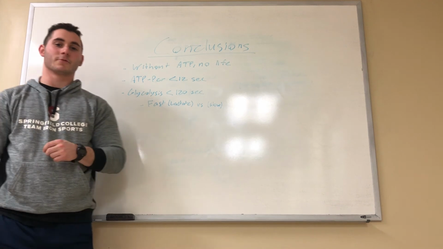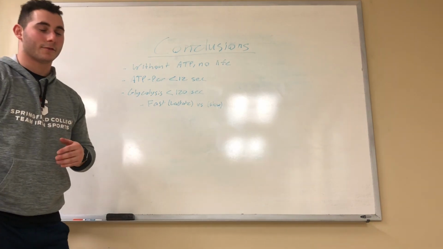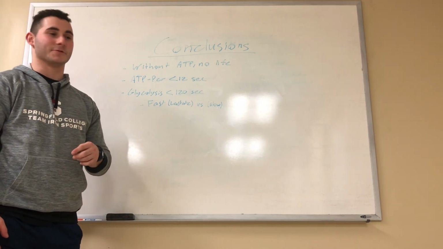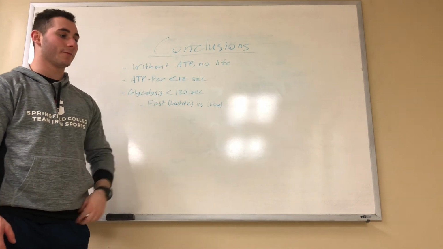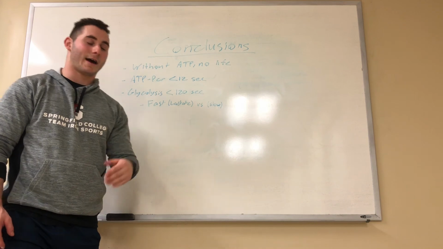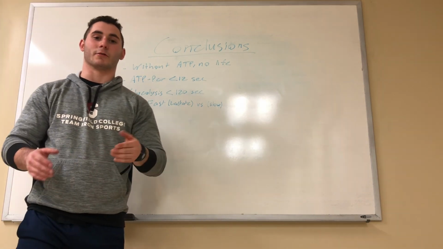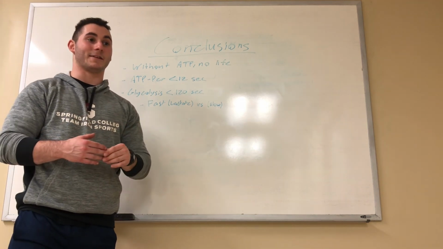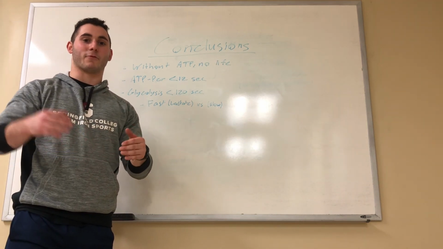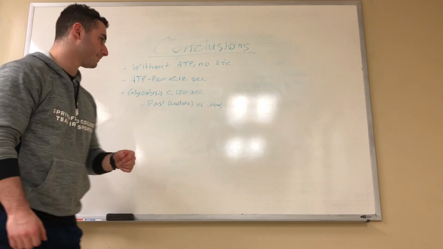In conclusion, if you were just to skip to the end of the video, these three main things are what I'd want you to take away. Without ATP, there is no life. It is not possible. Thus, you must understand how substrates work, how ATP is broken down, and how it's resynthesized, so that we continue to survive, and then even more than survive, perform at the highest levels possible.